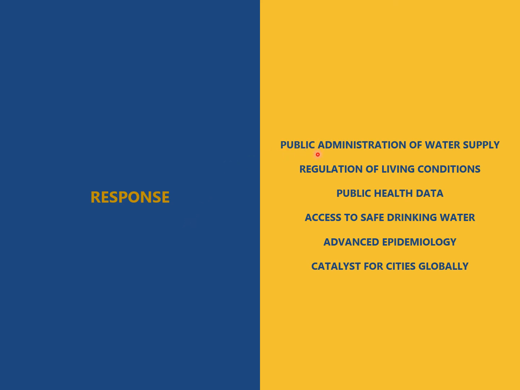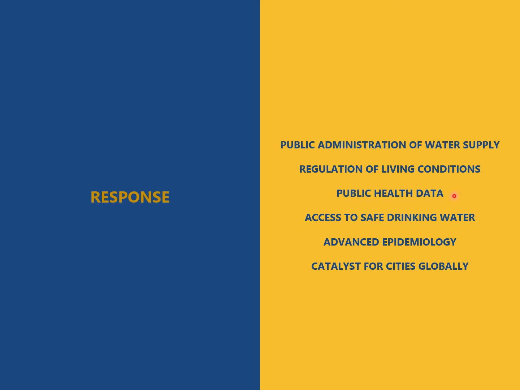First of all, this is sort of the first public health study, and so it caused a lot of changes in public administration, especially in London. The public administration of water supply was created, regulations for living conditions were created, and public health data was viewed as, obviously you could see how important public health data was in solving this.